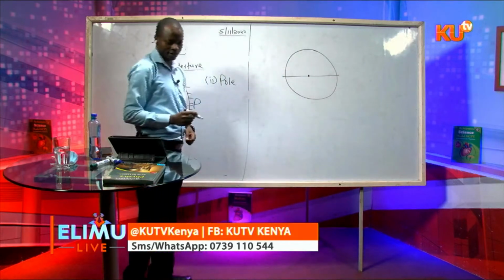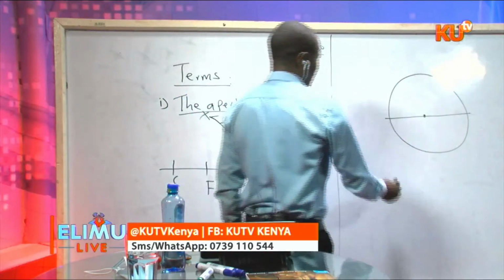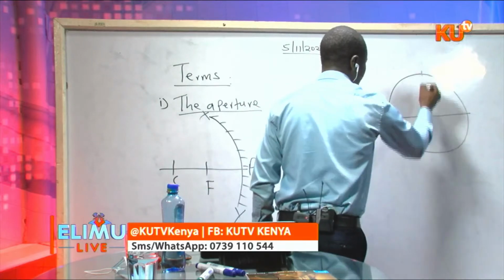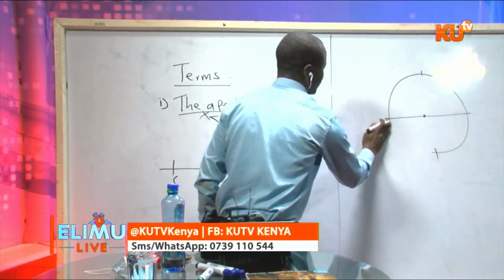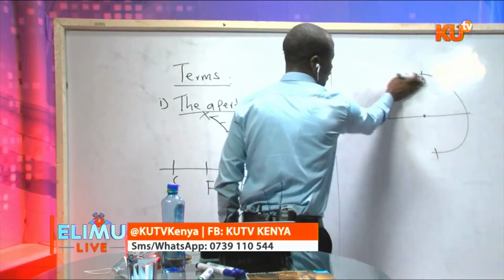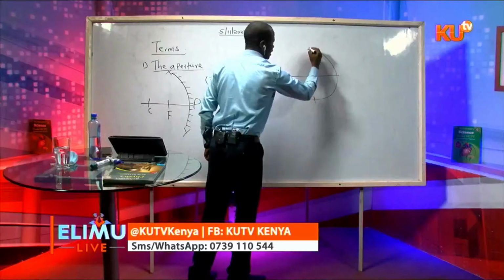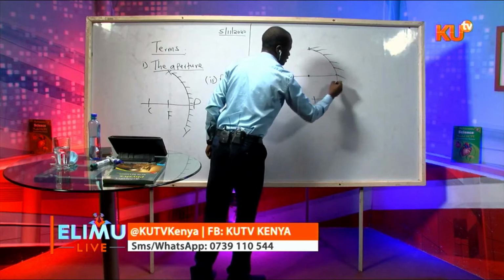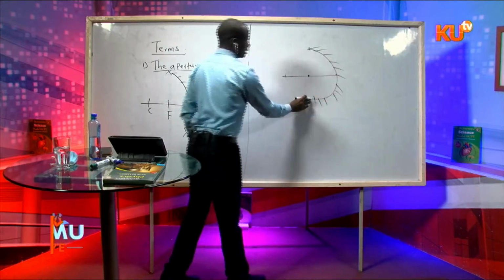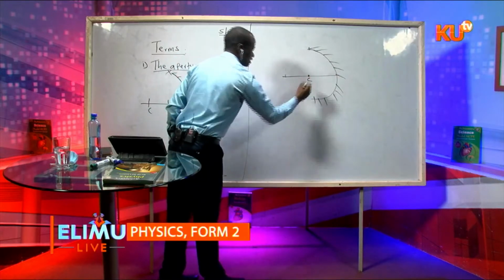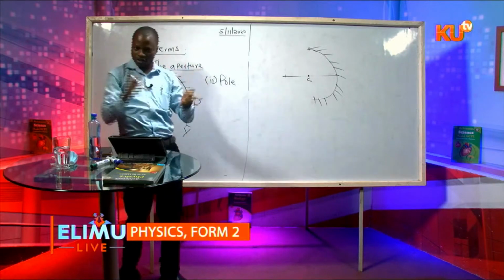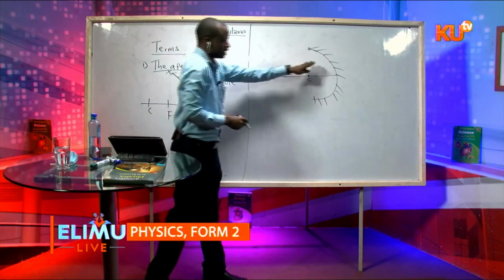Then someone decided, I don't need the whole of this sphere. He came, broke it here and broke it here, then removed this like this. So you can see this, then he said, now let me paint one side, then this became a mirror like that. So this C here was the center of the original sphere of which this mirror is part.